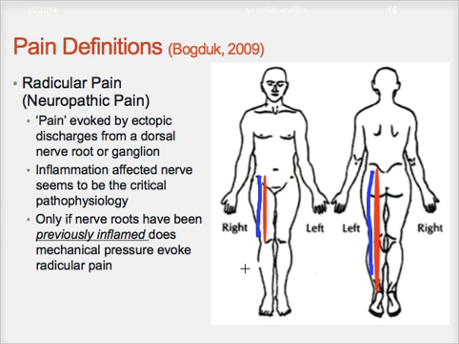If there's not previous damage to the nerve root, then the only thing we're really looking at is a loss of neurological function, which is what we get when we compress neurological tissue. So you'll lose sensory function and you'll lose motor function in relatively predictable patterns based on the tissue that's been compromised. So radicular pain is way overdiagnosed in relation to its actual presentation. So very, very important to understand the parameters of what we're looking at here.